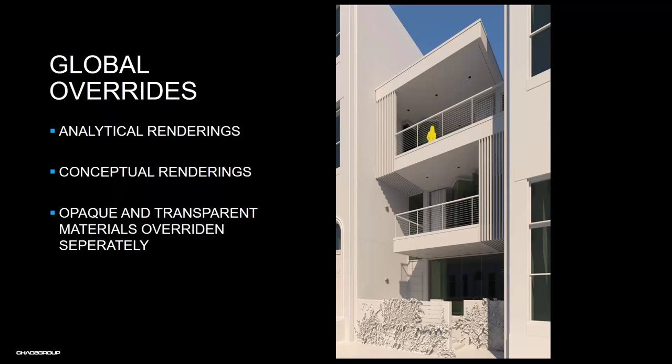Now, again, this override is based on the idea to keep the data. Everything in V-Ray in Revit is based on override. Materials are overridden with V-Ray materials.